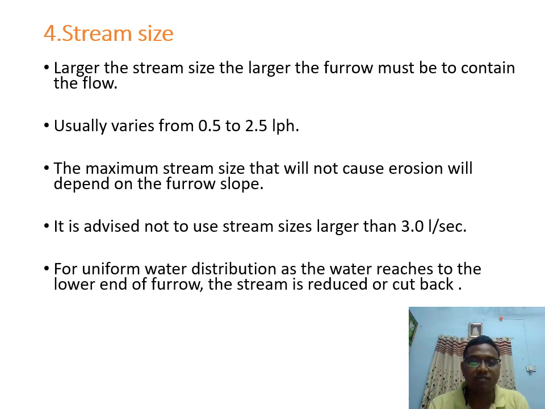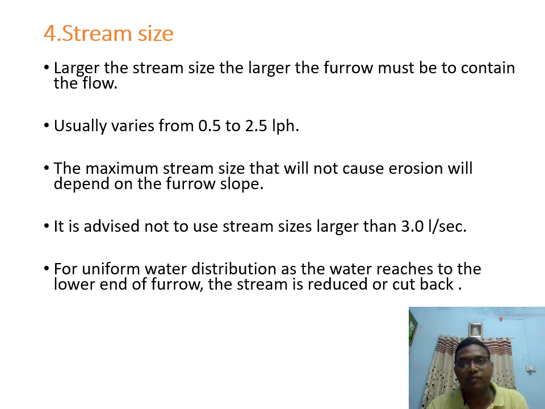For uniform water distribution, as the water reaches the lower end of the furrow, the stream is reduced or cut back. In order to maintain uniform distribution, we reduce the stream after some time, so that it reduces the erosion of the soil and allows the water to reach the tail end, slowing down the velocity.